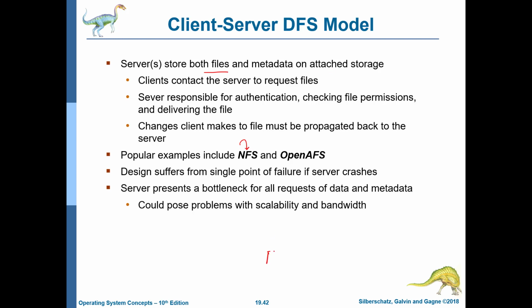So, what all the clients do is that they connect to the server and say that, look, I need a certain file. The server is responsible for authentication, for checking whether the client genuinely deserves the file or not, for checking file permissions, and finally delivering the file to the client. The changes that the client makes are then propagated to the version of the file that is stored with the server.